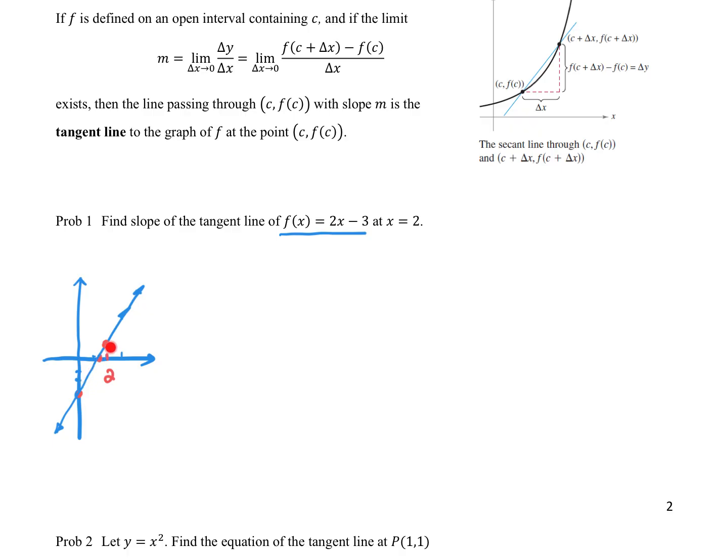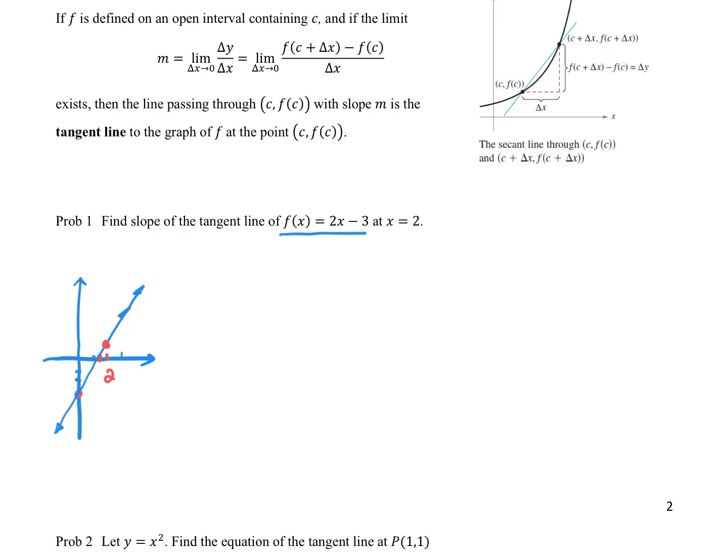Because this is a straight line, the headlight direction should coincide with the line direction, right? So I do expect the slope of the tangent line to be the same as the slope of this line, which is 2. So that is the geometric point of view.